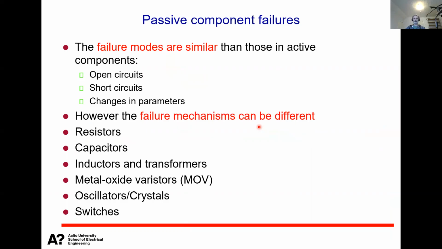It doesn't matter if we are talking about active or passive components, but of course the failure mechanisms behind these failure modes can be totally different, because they typically depend on the three things already mentioned: the functionality, the materials used, and the manufacturing methods. In passive components, we have different types of structures depending on if we are talking about thin film resistors or capacitors or varistors or crystals or switches or whatever. So today we will go through a few case examples from this.